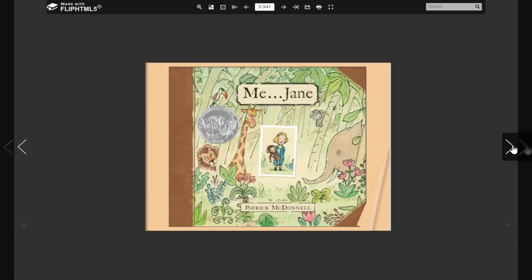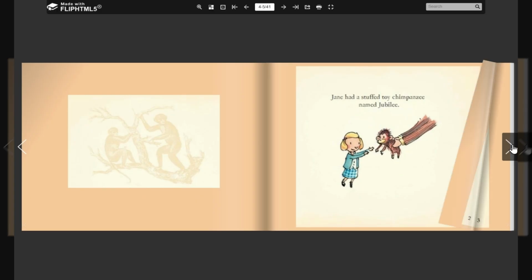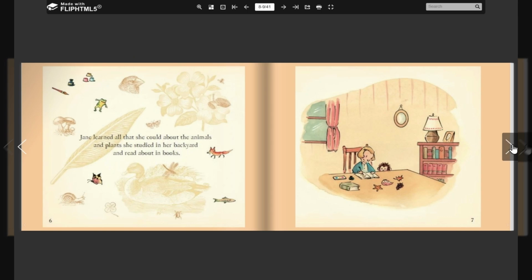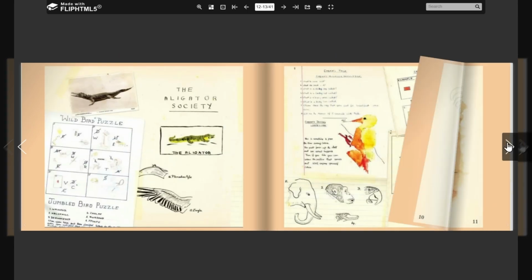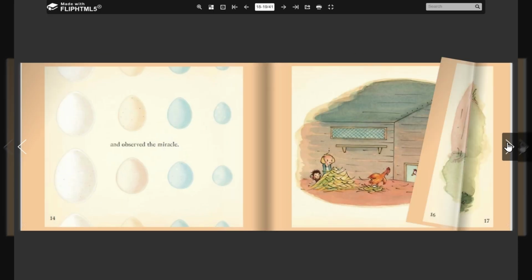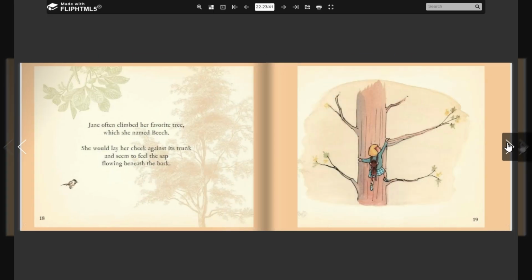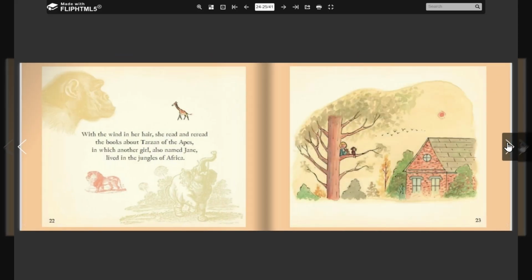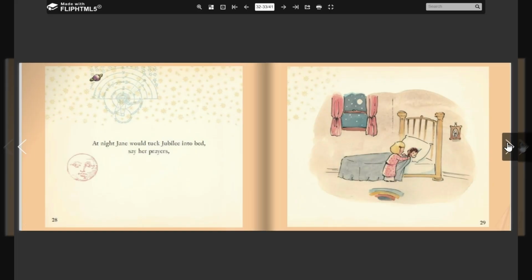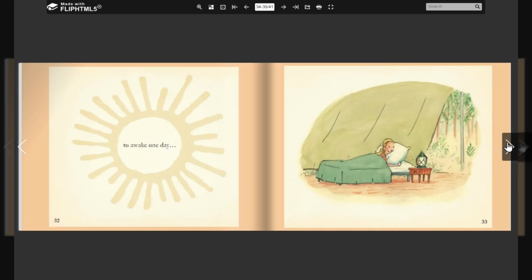How do the illustrations and photographs show you how Jane made discoveries about animals? You can pause at any time throughout the video.